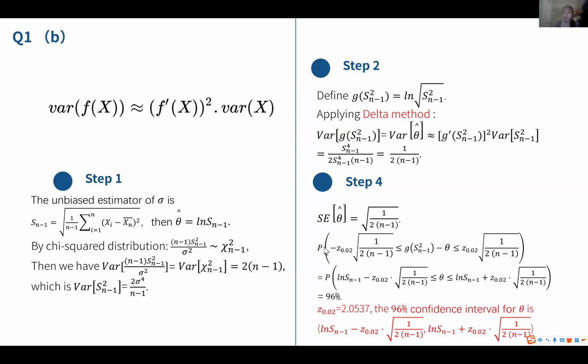Here we do this, plus the SE of theta here. So we can have this function, which equals 96%, and so the 96% confidence interval for theta is this. So we are done with this problem.